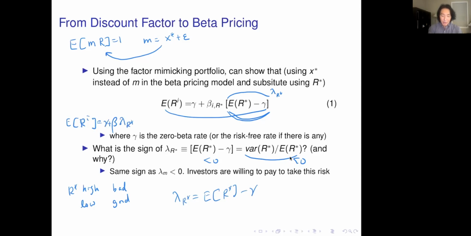Now, this should hold when i is the factor mimicking portfolio, and you have E of R star minus gamma should be the lambda of R star. Okay? So that is the usual technique to get the factor risk premium when the factor is a traded portfolio, like in this case of the factor mimicking portfolio.